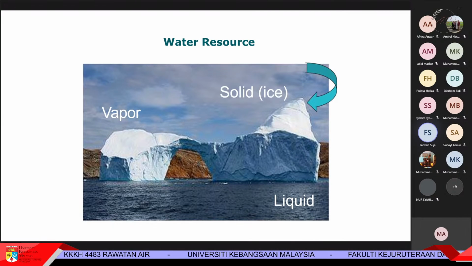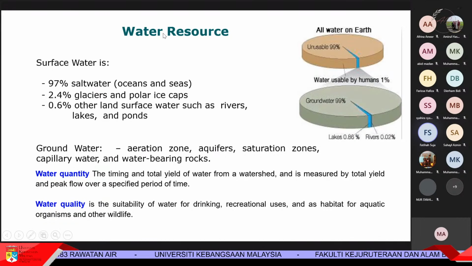So the water resource: you know that of all water on earth, only about 1% is used by humans, and 99% is unusable. Rivers and lakes are only 0.02% and 0.86%.